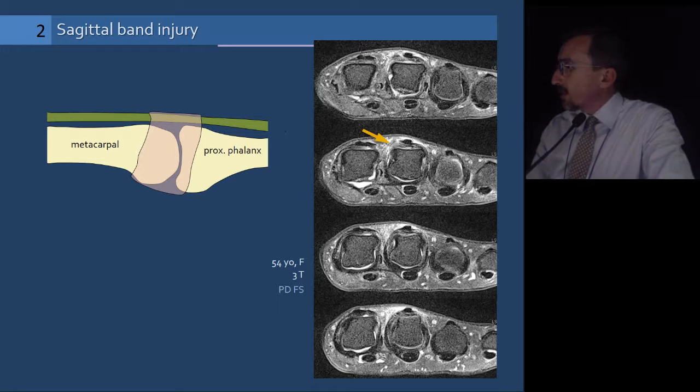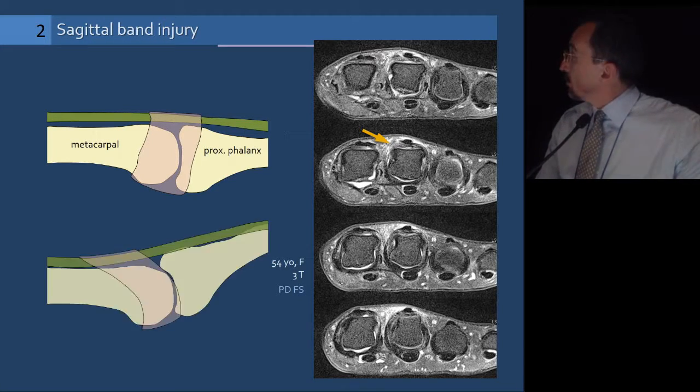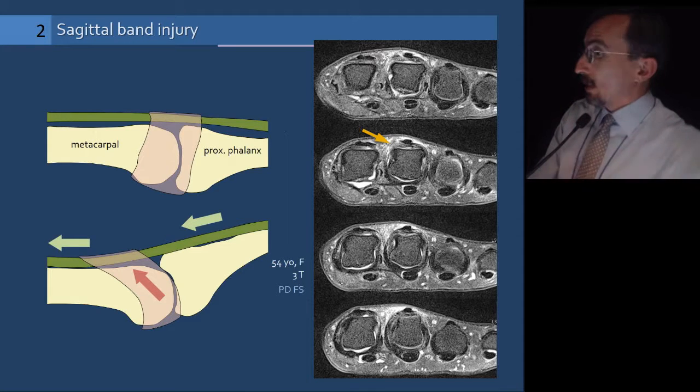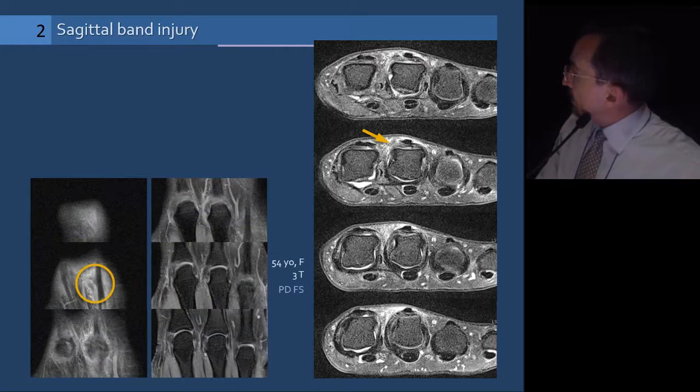Unfortunately, I do not see the presentation here, so I will need to look at it along with you. So you see that there is this injury to the sagittal band, highlighted also on the left on the coronal images.